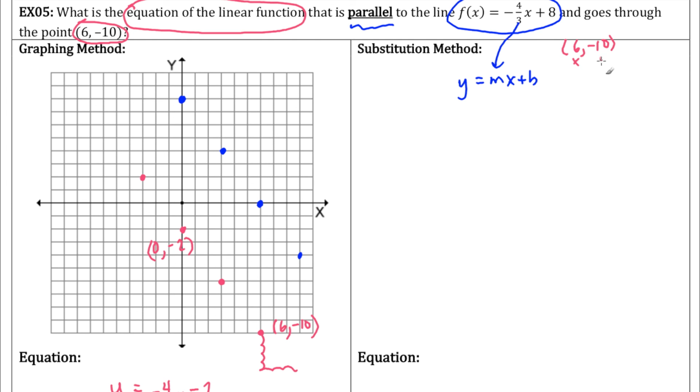That's x and that's y. So we have negative 4 over 3, and instead of x, I'm going to put 6. Instead of y, I'm going to put negative 10. And we don't know what b is yet.